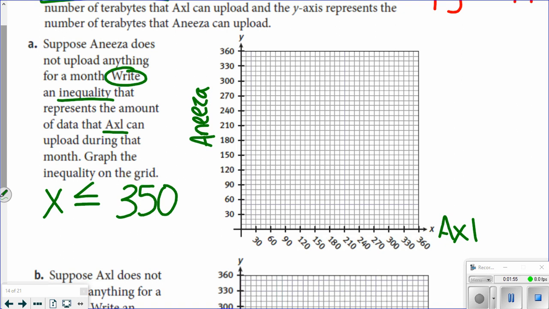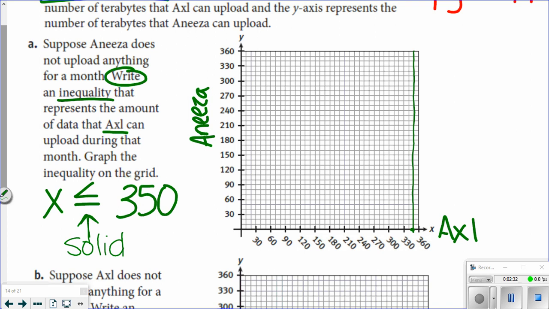So on our X-axis, we're going to go over to 350, and we are going to draw a vertical line because we want it to touch the X-axis but not the Y. And I knew that this was going to be a solid line because of my inequality symbol. Because it has the or equal to line underneath, we draw a solid line.